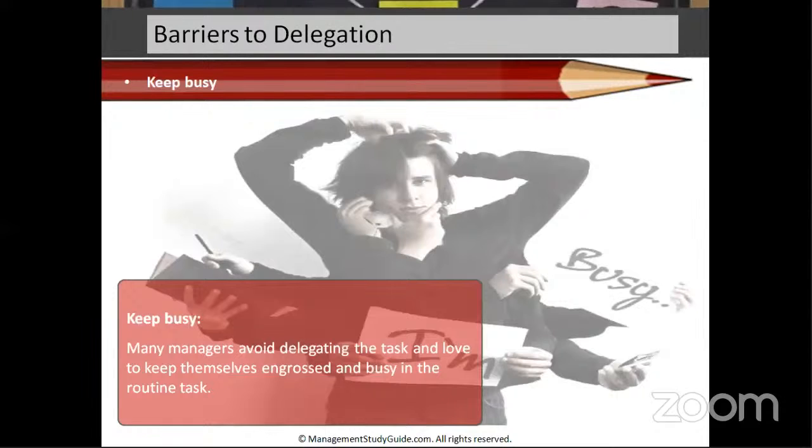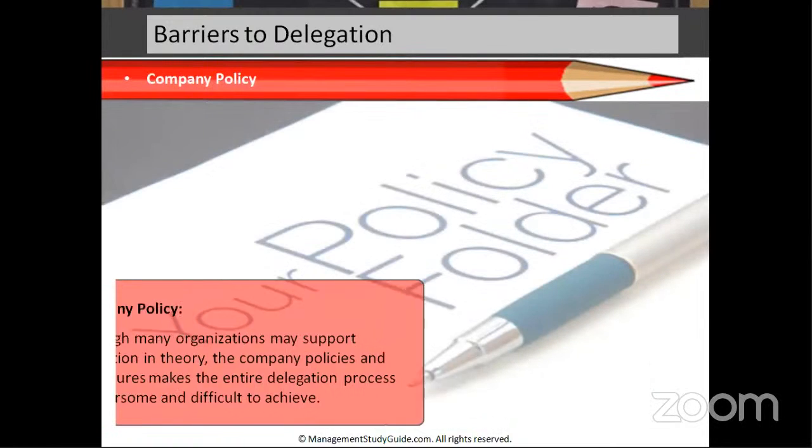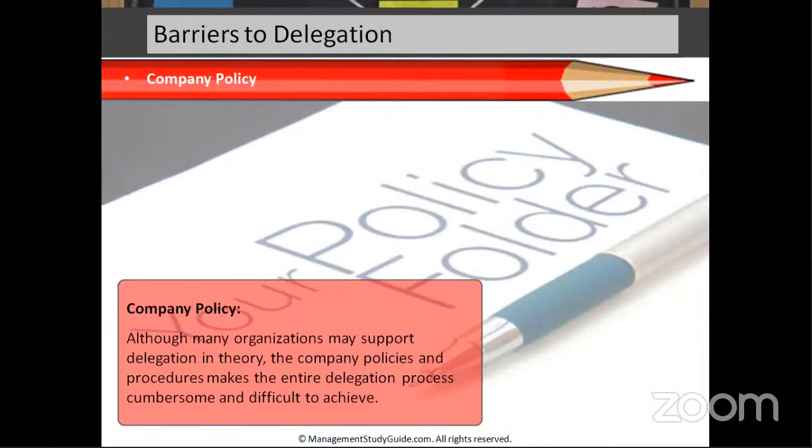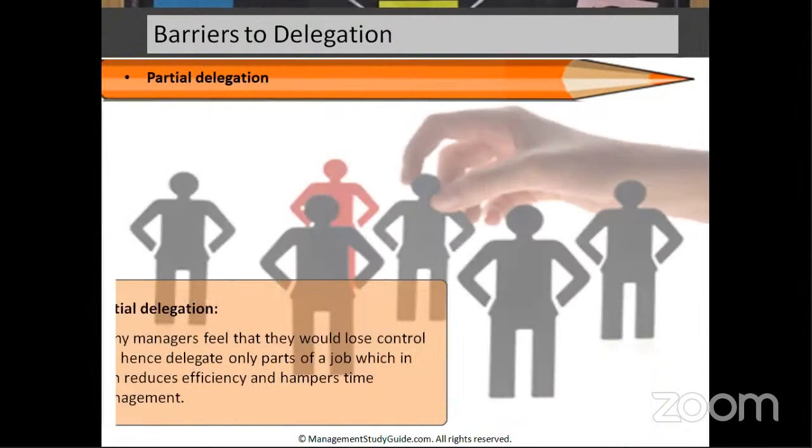Keeping busy. Many managers avoid delegating the task and love to keep themselves engrossed and busy in the routine task. Company policy. Although many organizations may support delegation theory, the company policies and procedures make the entire delegation process cumbersome and difficult to achieve. Partial delegation.